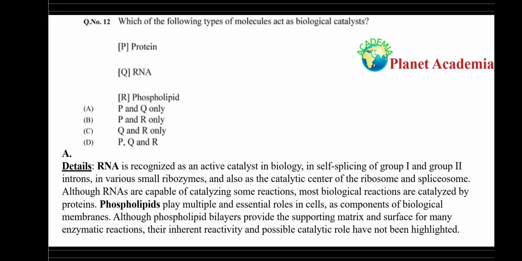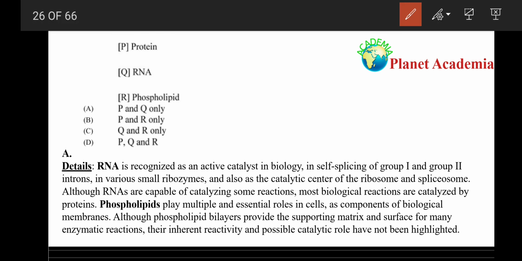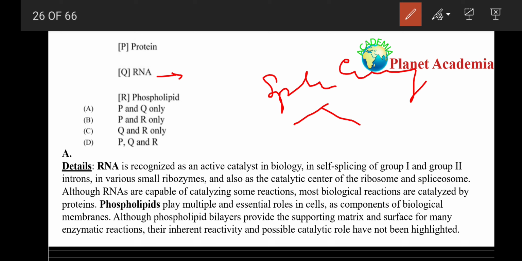Now go to the next question, the 12th. Which one of the following types of molecules act as a biological catalyst? Which can act as an enzyme? Protein, yes, enzymes are generally proteinaceous in nature. RNA, yes, you can see self-splicing. And when you see self-splicing, you should know splicing is of two types, group 1 and group 2.